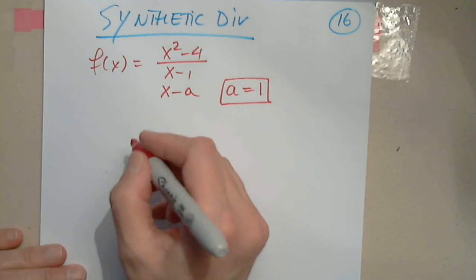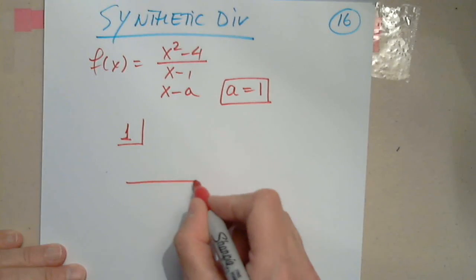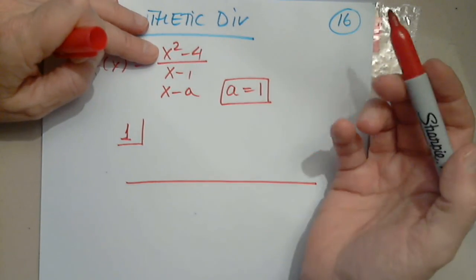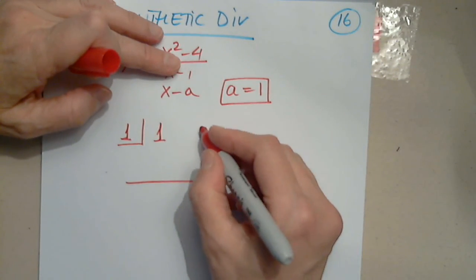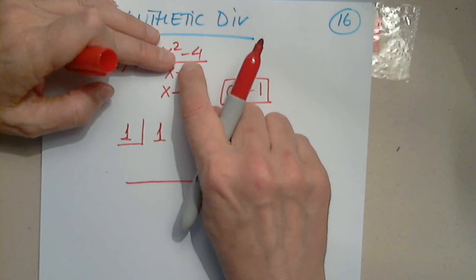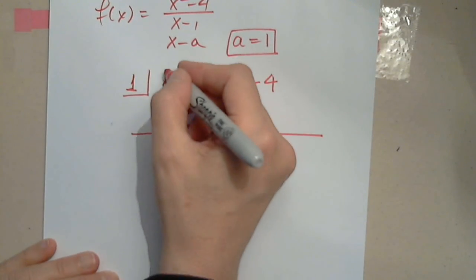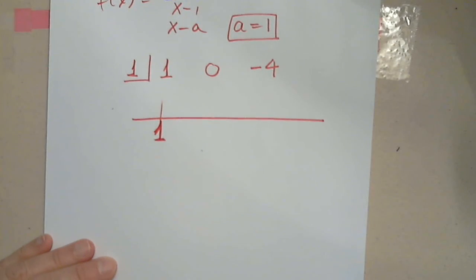At this point, I put a in this little box. I copy the coefficients of the numerator, and if 1 is missing, I have to put 0. 1 is the leading coefficient. 0 is the missing term, and the final term is negative 4 coefficient. The synthetic division is asking us to always copy the first coefficient.